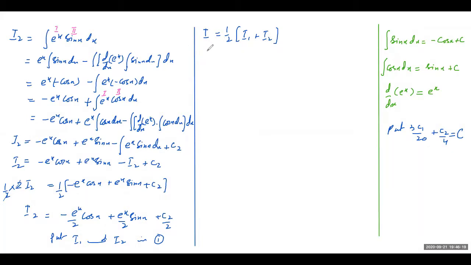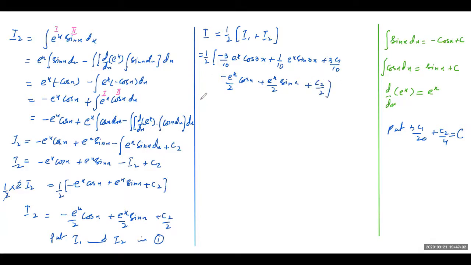Integral I becomes 1 by 2. Value of I1 is minus 3 by 10 e^x cos 3x plus 1 by 10 e^x sin 3x plus 3C1 by 10, minus e^x by 2 cos x plus e^x by 2 sin x and plus C2 by 2.